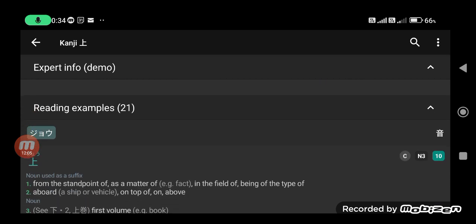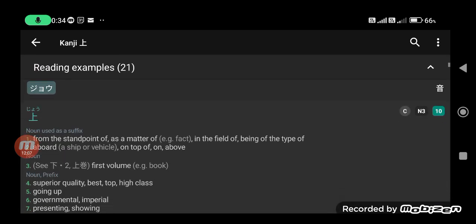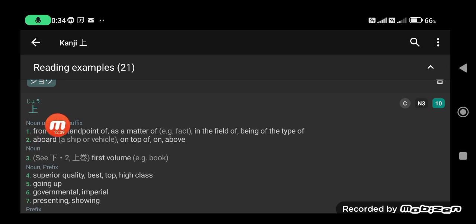So let us now go to reading examples. Jo. This is a noun used as a suffix. Definition number 1, meaning from the standpoint of when used as a suffix. As a matter of, let's say, fact, or in the field of, or being the type of.